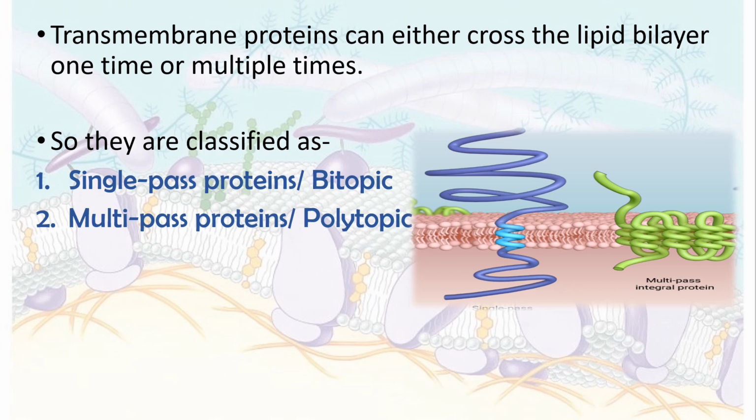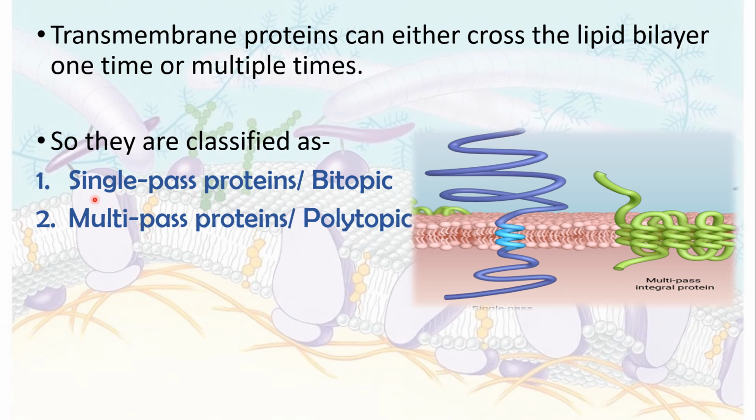So I hope you understood why these integral proteins are known as transmembrane proteins, because they span or cross the entire lipid bilayer. Now, on the basis of how many times these proteins span the lipid bilayer, they are classified into two types.